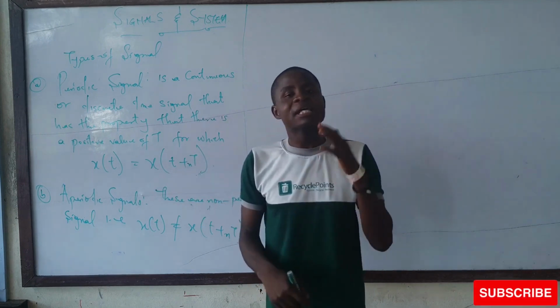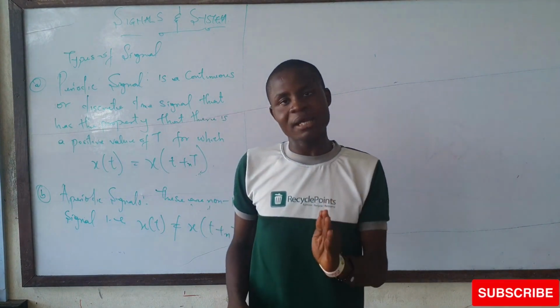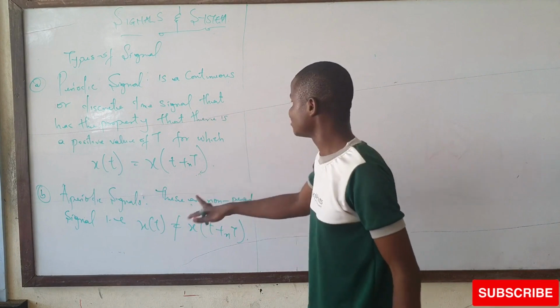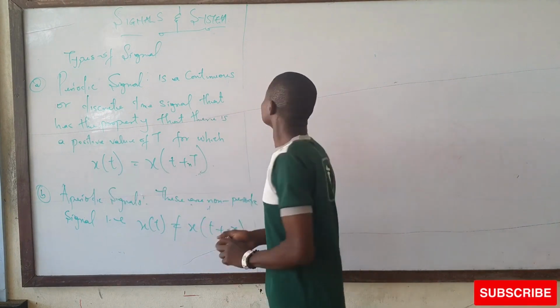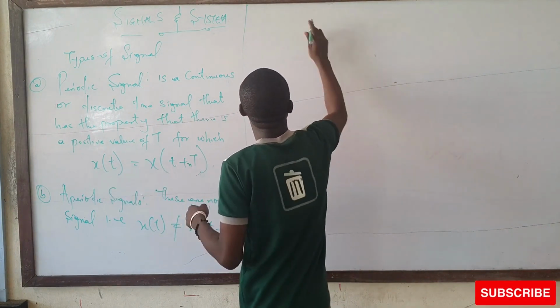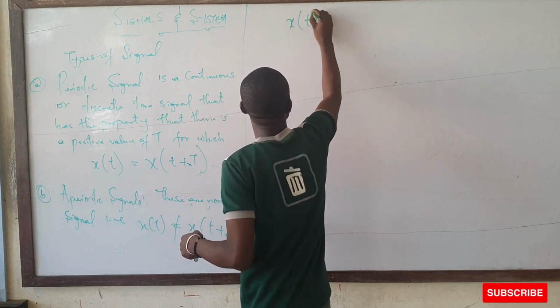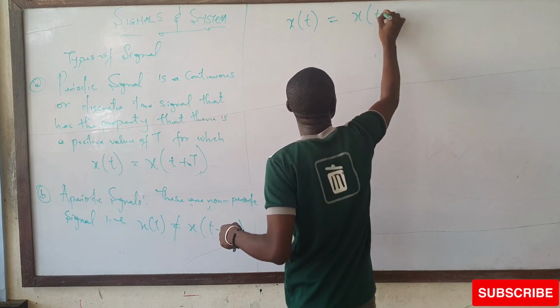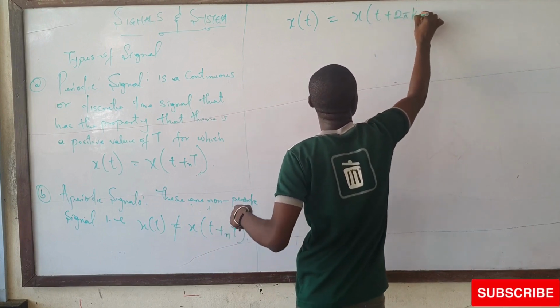What I mean is this: if the signal is shifted by, let's say, T, you will still produce the same thing as x(t). That is, any signal where I can write x(t), it is the same thing as me writing x(t + 2π k), let's say.